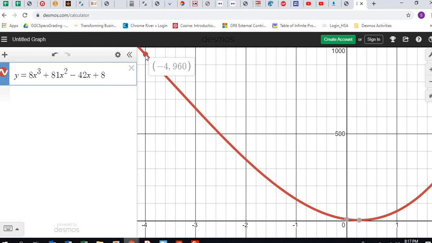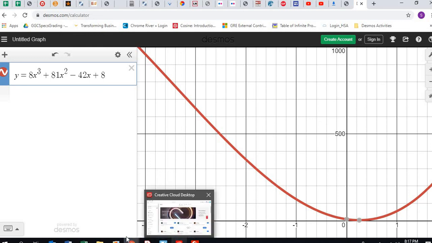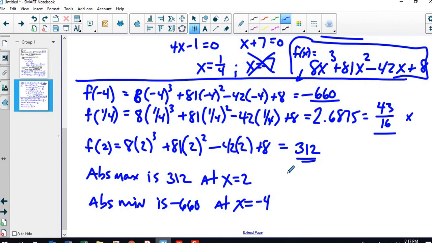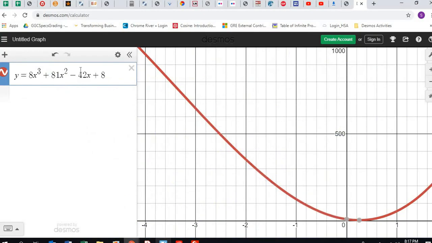This says that plugging in -4 is actually 960, which is even more than the other one. So I'm not sure what happened here. Let's take a look. Did I plug my numbers in wrong, or did I graph the wrong function? 8x cubed plus 81x squared minus 42x plus 8. That's what it looks like to me.